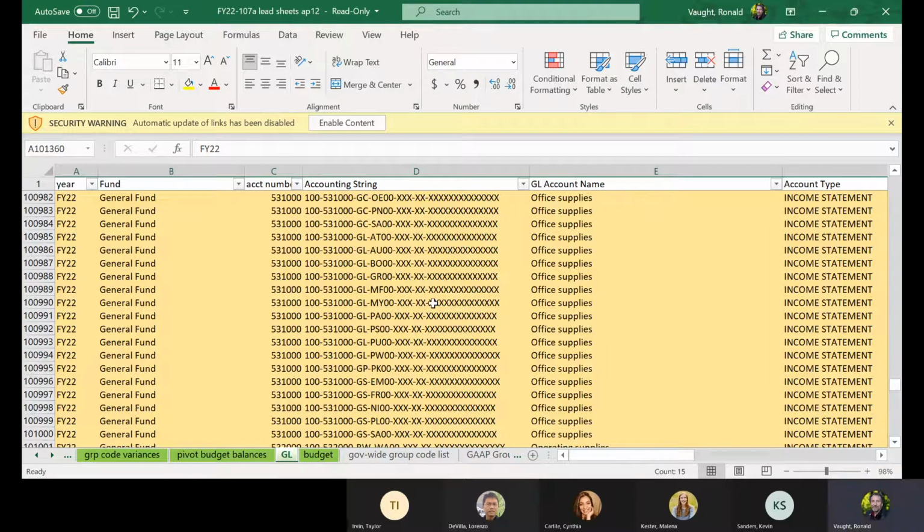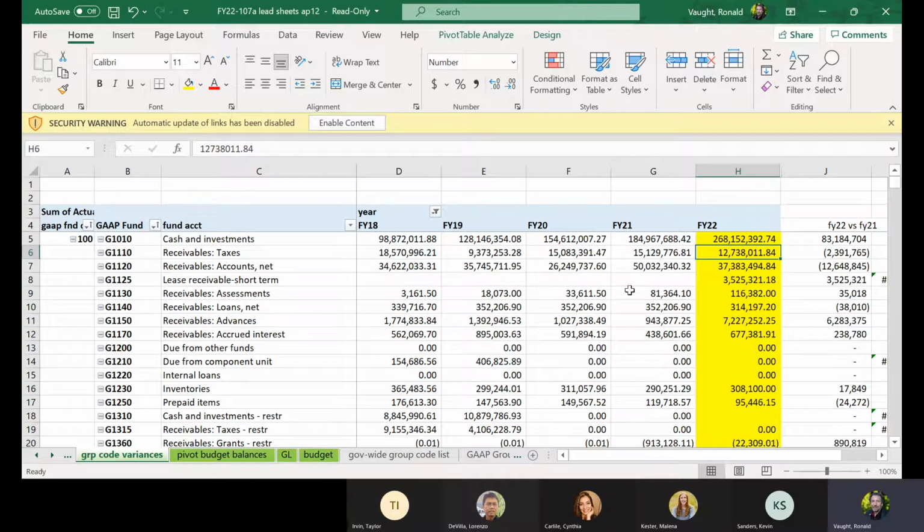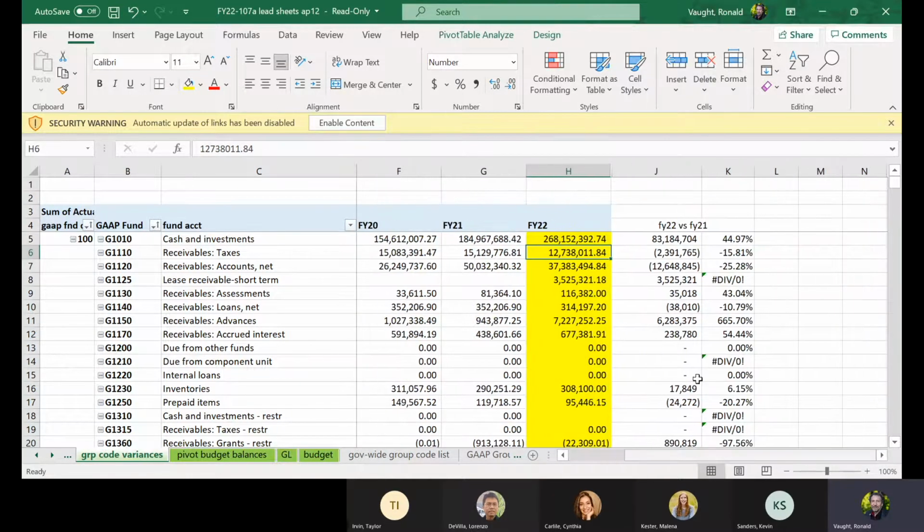The yellowish or tan cells are FY22. We've got a big database in the GL tab, and then the group code variances tab is where I go to look year over year to see whether things make sense or not.